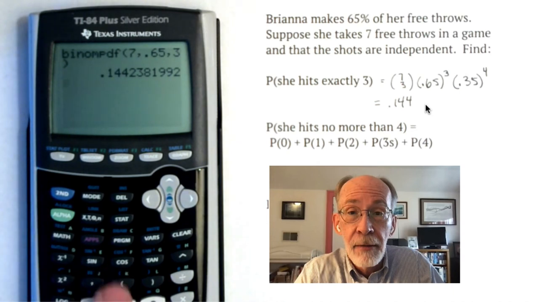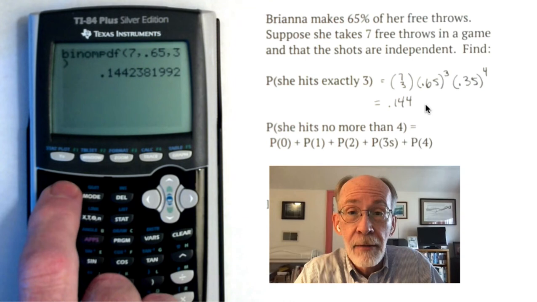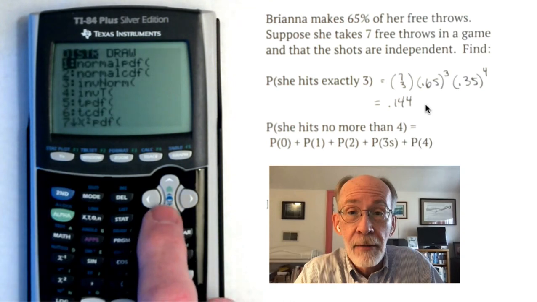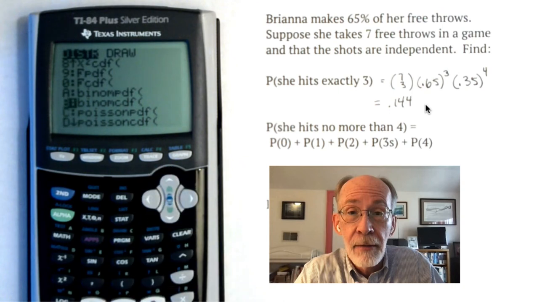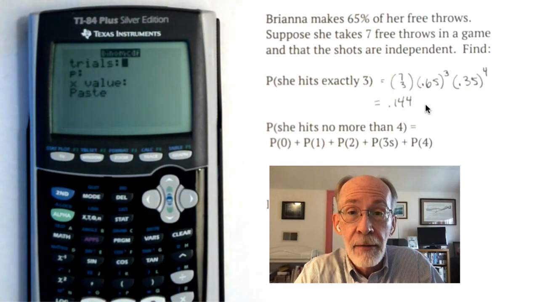So what the CDF command does, and you get to it in the same menu, it's right below the command that we just looked at. We'll arrow down to binomcdf, and we'll hit enter, and it looks the same, right? So we give the number of trials, which is 7, we give the probability of success, which is 0.65, and we give now this x value.